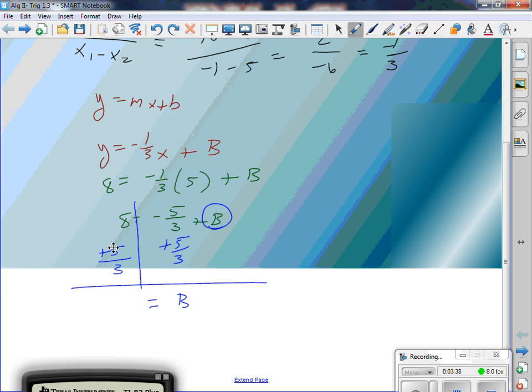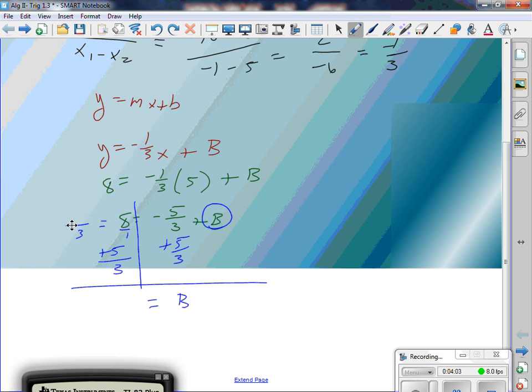I don't like mixed numbers. So I'm going to change this right here into an improper fraction. What's the denominator currently? 1. What do I want the denominator to be? 3. Why do I want it to be 3? So these two can be the same.